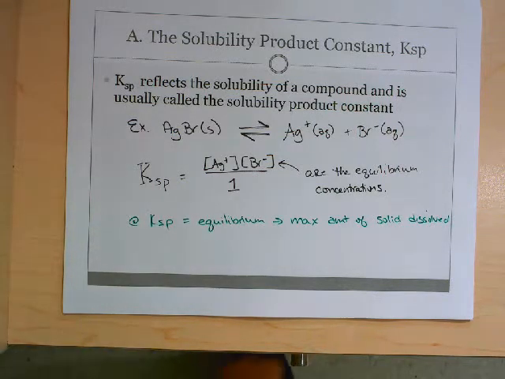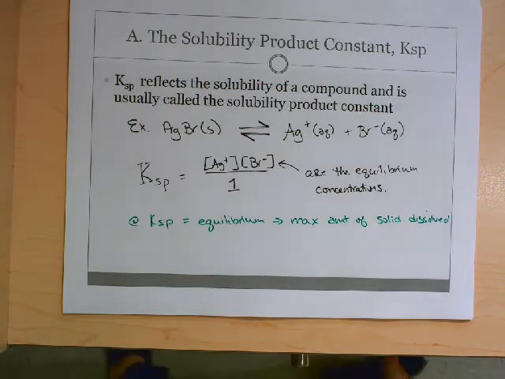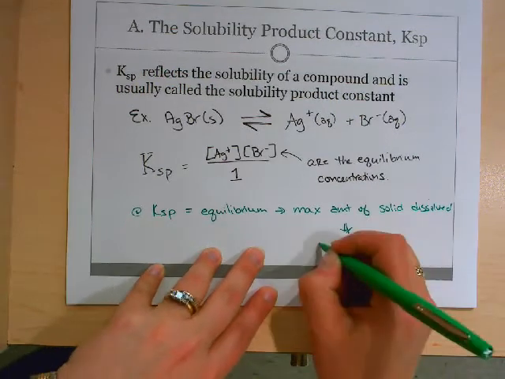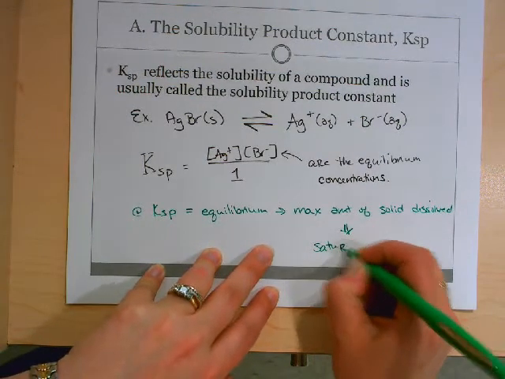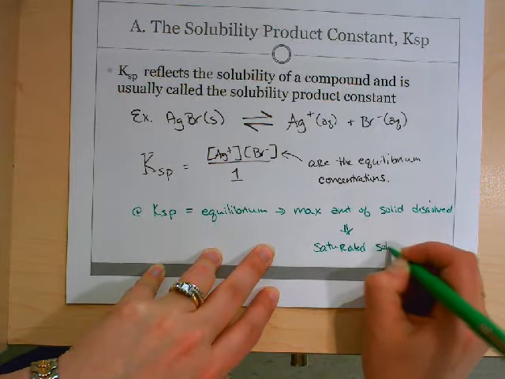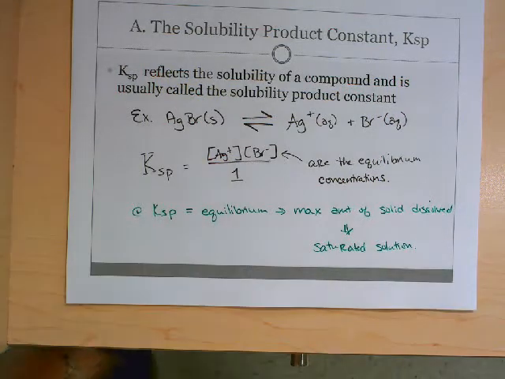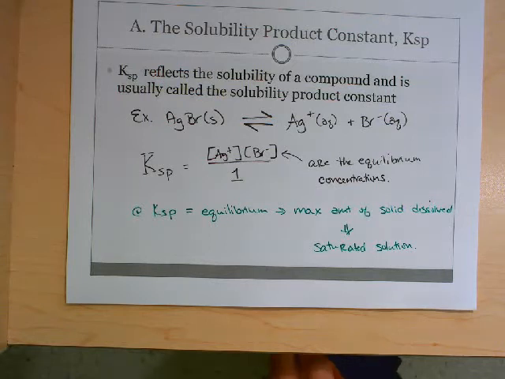What do we call that solution if we are at the point where no more solid will dissolve? Saturated. So the KSP is a measure of how much solid you have to dissolve to get to the point of a saturated solution.